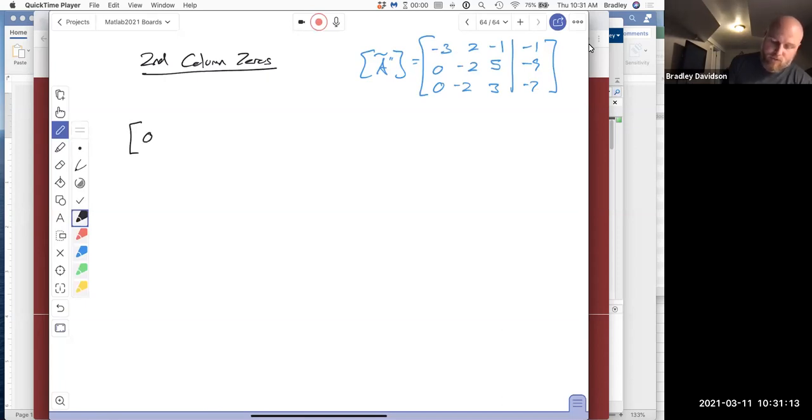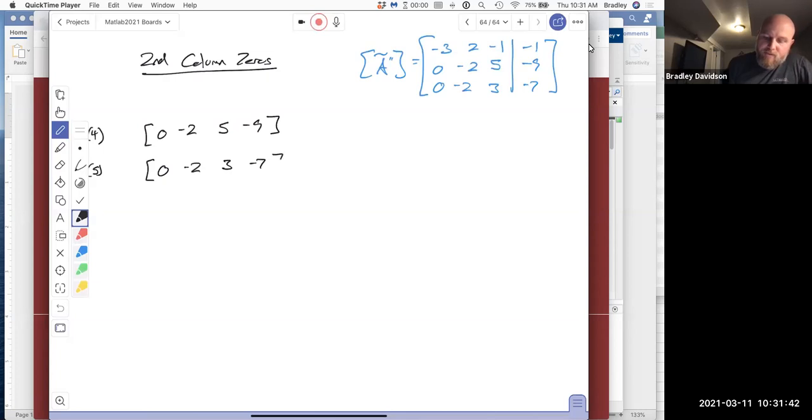So 0, -2, 5, -9. So this was equation 4. Okay, it's now in our second row. And then we want to write down our current third row, which is now equation 5, or was equation 5 as we're going through. So 0, -2, 3, -7.